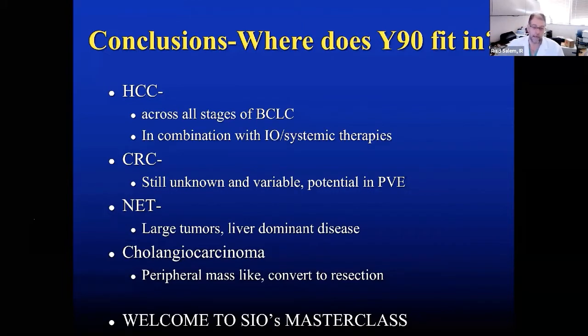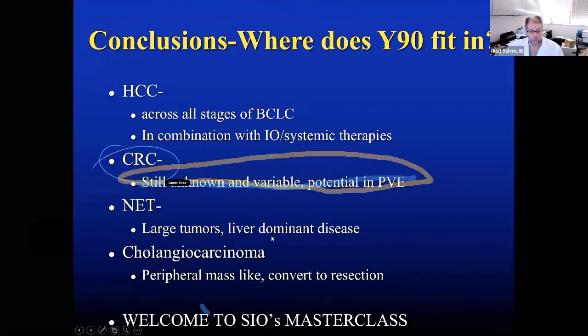Colorectal cancer in our practice is being pushed further and further back, and we really only have salvage settings, but I think there's a lot of interest in looking at this in the portal vein embolization setting. And then, of course, neuroendocrine with large tumors that you can see here. And of course, cholangiocarcinoma. I think there's going to be a lot of interest.